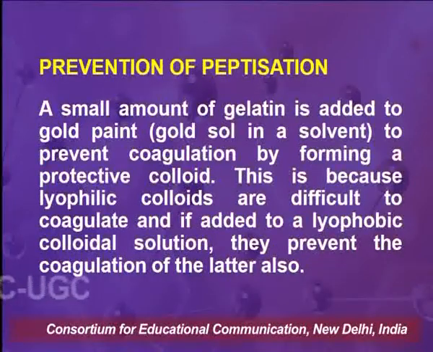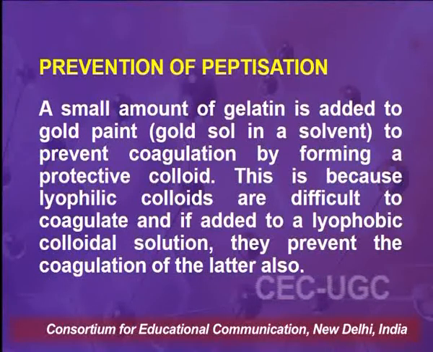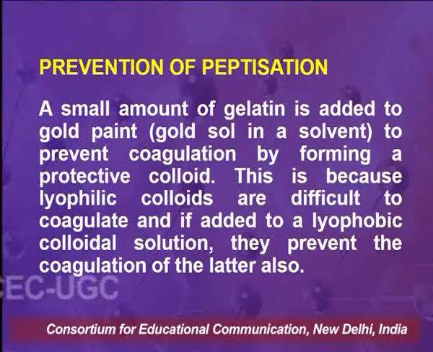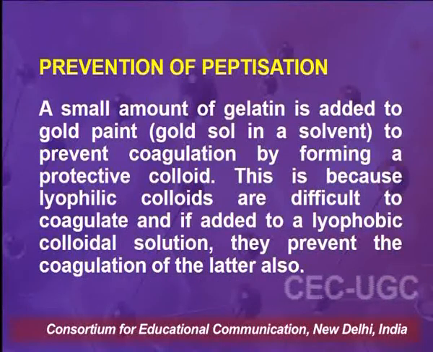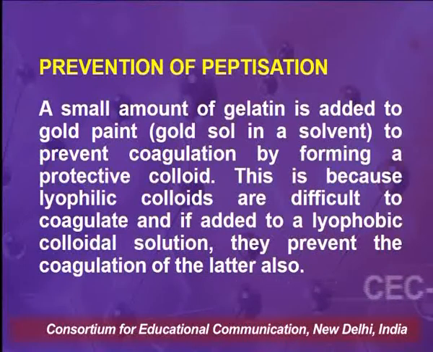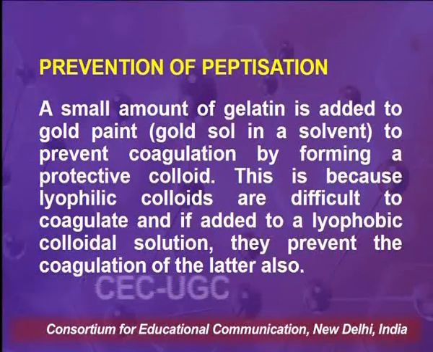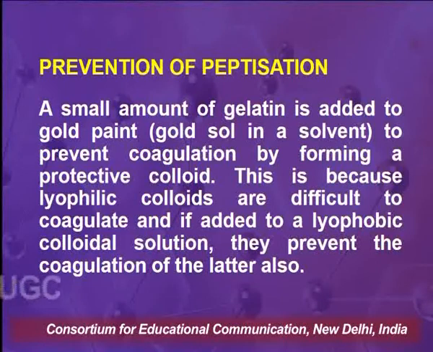So, since peptization is a source of error in gravimetry, there is a need for the prevention of peptization. For that, a small amount of gelatin is added to gold paint. Gold paint is actually gold sol in a solvent, which is a lyophobic colloid, to prevent coagulation by forming a protective colloid. So, as we know, gelatin is lyophilic colloid, as we have just seen in the difference between lyophobic and lyophilic colloid, and gold paint is a lyophobic colloid.